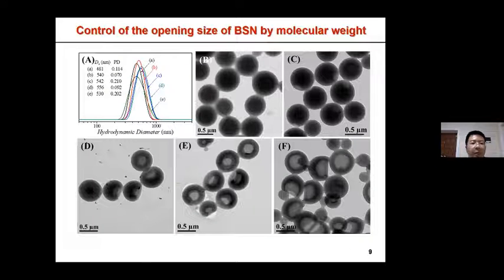So firstly, we determined the hydrodynamic diameter of the bowl-shaped nanoparticles by DLS and TEM. In the TEM images, we can find that with a very low molecular weight of the homopolymer, compound micelles were formed, and with the increase of the molecular weight, an opening appeared on the surface of the compound micelles, and the size of which increased with the molecular weight of the homopolymer.